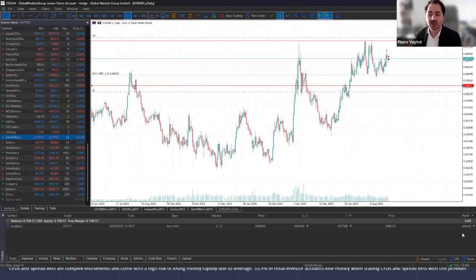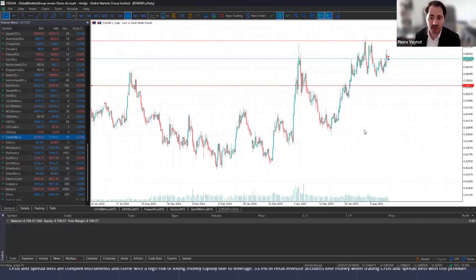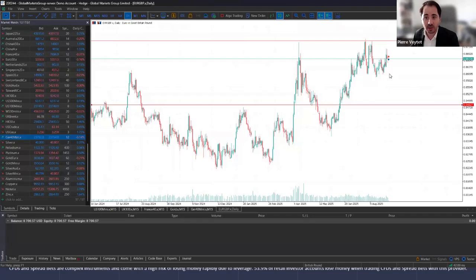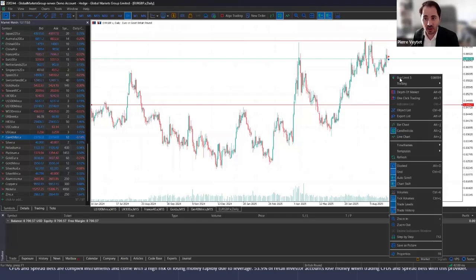All right. So this is one way to place your pending order and your buy limits with this occasion on your MT5 trading platform. There is another way, which gets more with your intuition. So we say that I want to be executed right there. Okay. So I can also right click on the chart like this and then go for buy limits straight away.